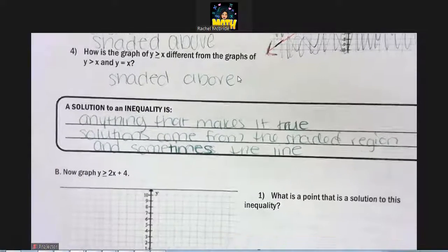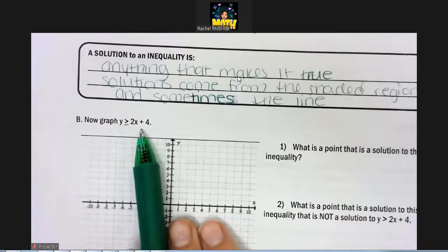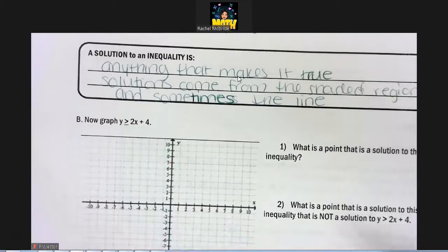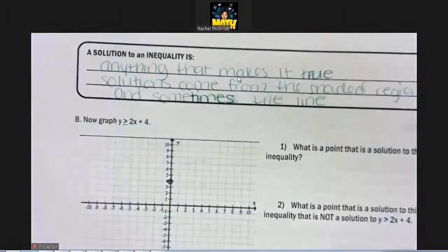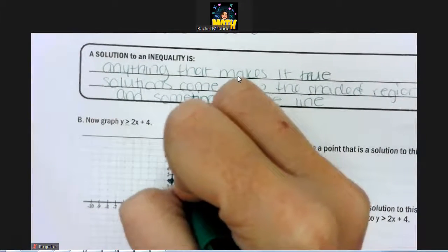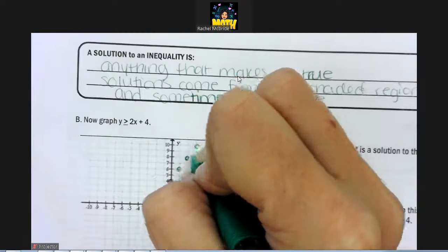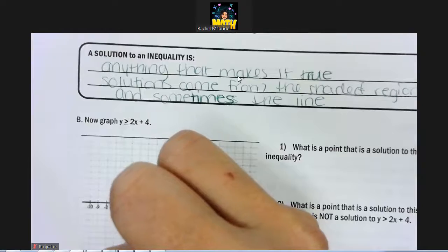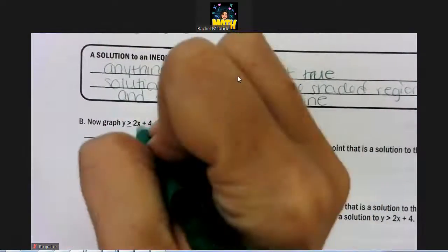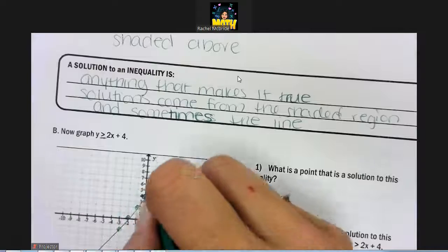So in example B, if I asked you to graph the inequality y is greater than or equal to 2x plus 4, it has a y-intercept of 4, a slope of 2, and it's greater than or equal to, so the line is solid.